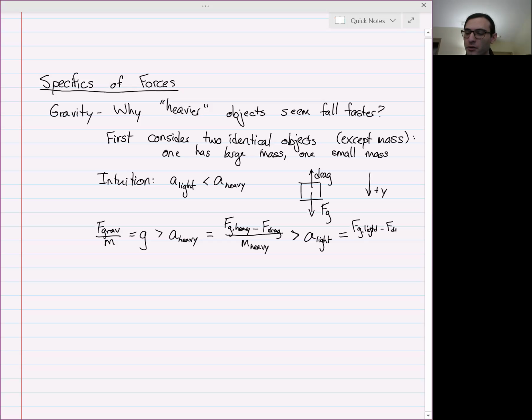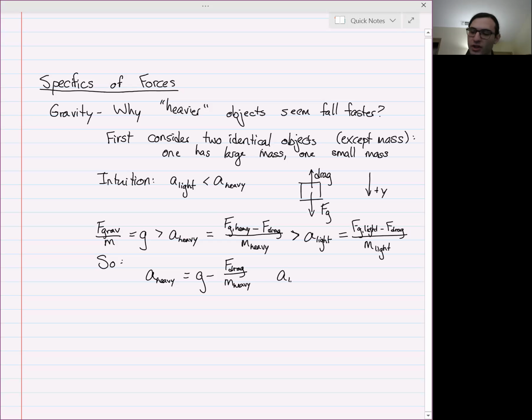minus F sub drag divided by the mass of the light object. So we can do some quick simplifications. We know that the force of gravity divided by the mass, that's just g. So what do we get? We get that the acceleration of the heavy object is g minus the force of drag divided by m sub heavy.